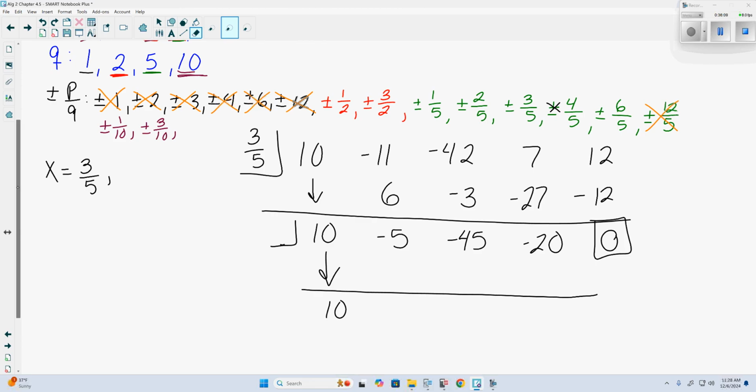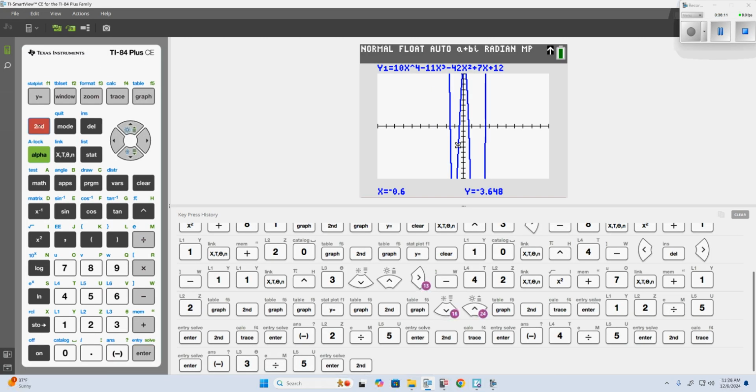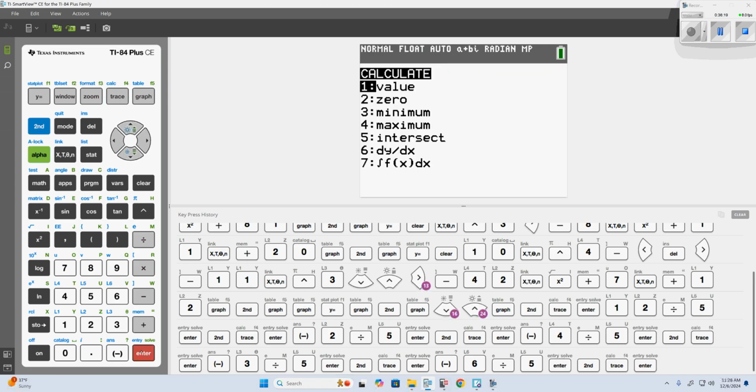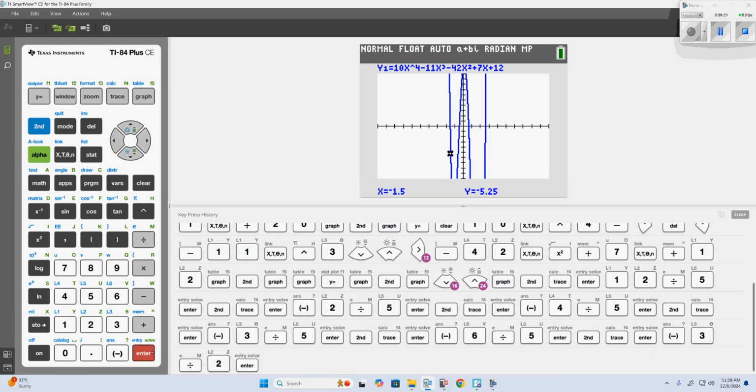Let's try negative 6/5. No. Negative 3/2.